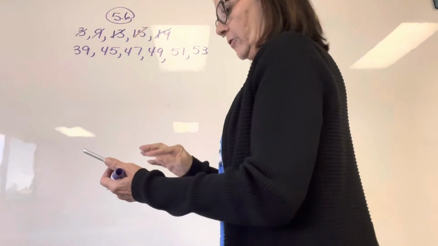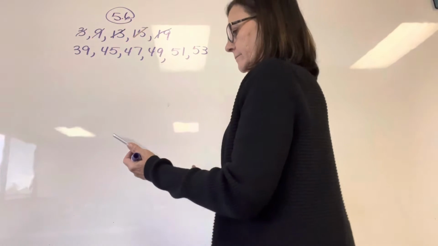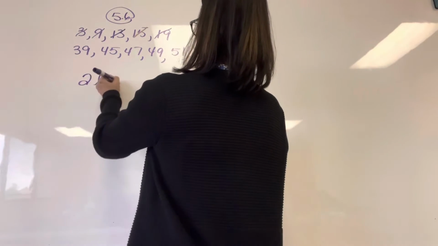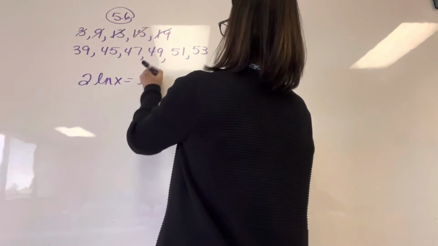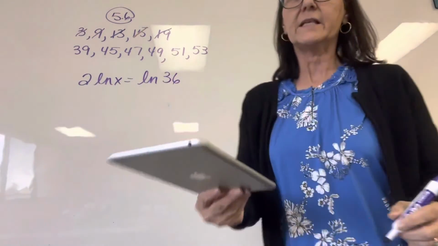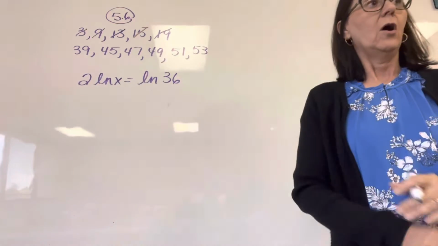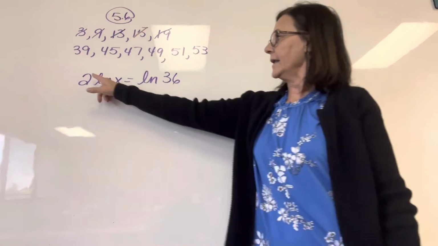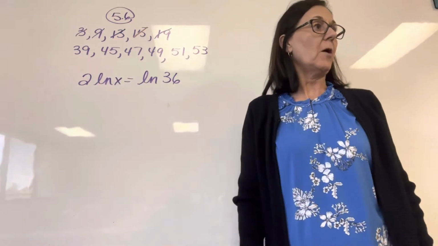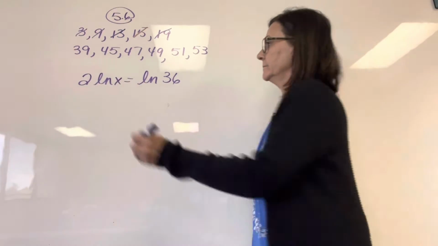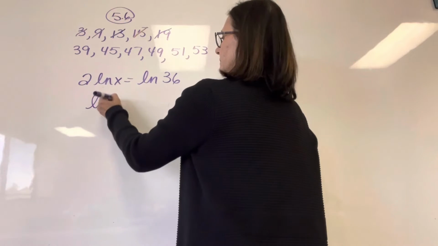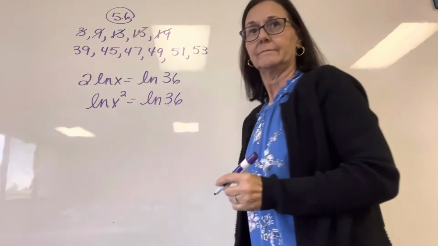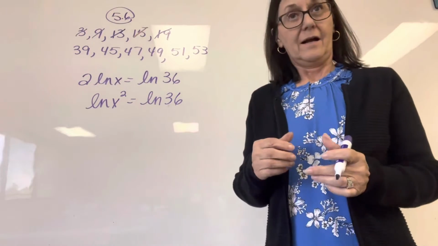All right, so let's start at 39. What type is this? All logs. I need to move that back to the exponent place. And it only equals 6 because the argument can't be negative. Correct.